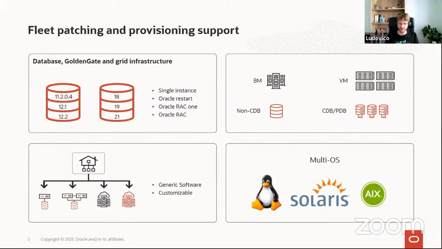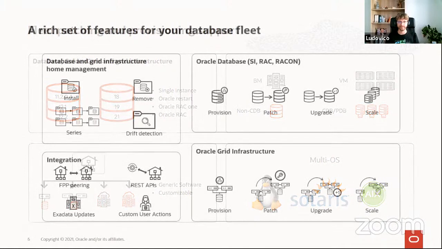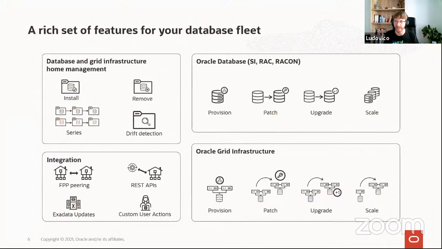We support all those different configurations with different types of databases. So RAC, single instance, with ASM or on file system. Those are a big number of possible combinations that are not easy to automate if you want to do this in-house.